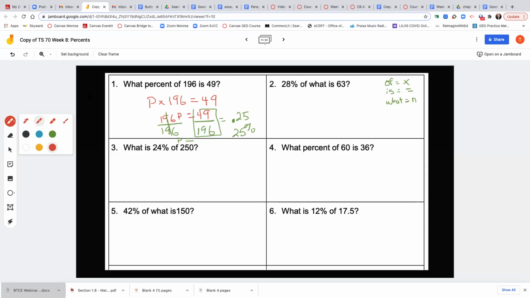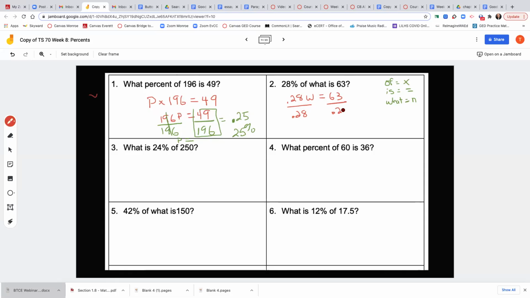Okay, I think I'm going to talk about these. So 28% of, so that's 0.28 times n. So I'm just going to say, call it a W of what equals 63. So I'm going to divide both sides by 0.28.